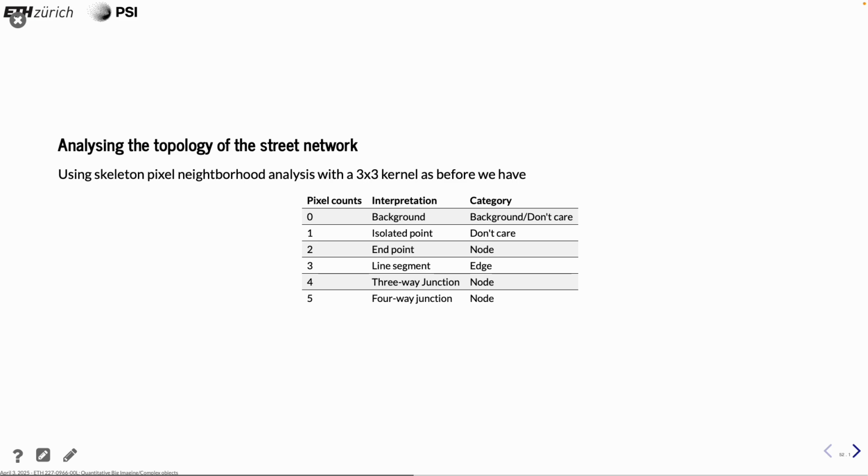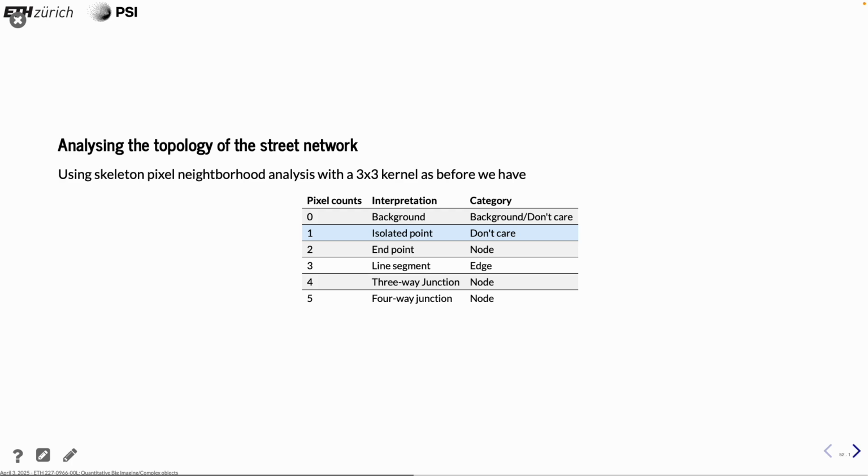And again, looking at this 3x3 kernel output, we have background, we don't care. Then we have isolated points, don't care either. Then we come to the node, and we have 3 types of nodes and 1 type of edges.